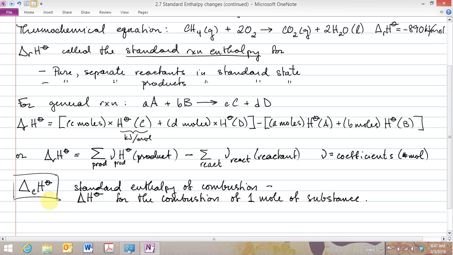So this represents the change in standard enthalpy for the combustion of 1 mole of methane. When you are writing a combustion reaction, please make sure that the substance that's being combusted has a coefficient of 1 in front of it. That would mean that you may wind up with coefficients like 7/2 oxygen, or fractions for the other coefficients, which is okay.